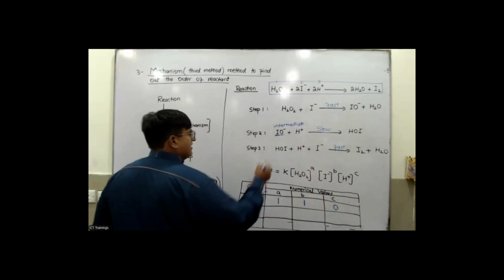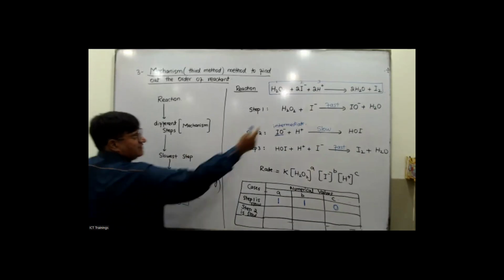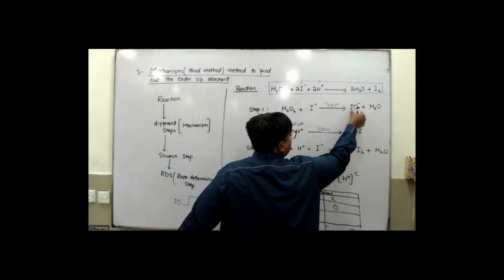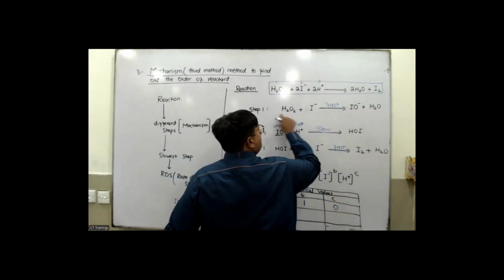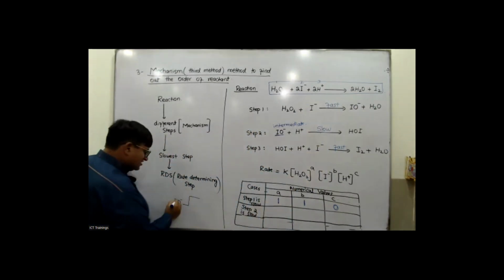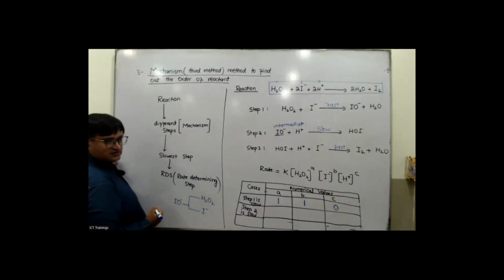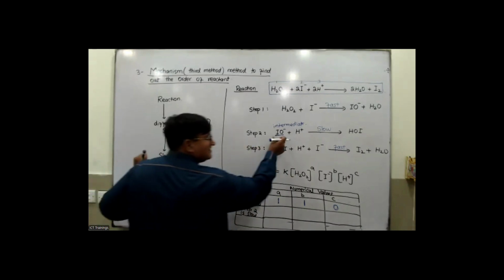If we look back, IO minus was present in the previous step and it is made up of 1 mole of H2O2 and 1 mole of I minus. So this represents 1 mole of H2O2 and 1 mole of I minus. Did you get it? So this is the intermediate.